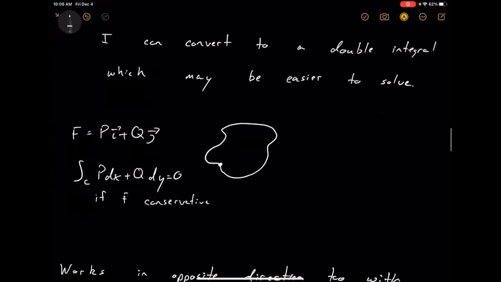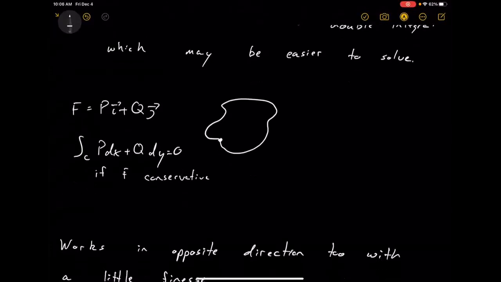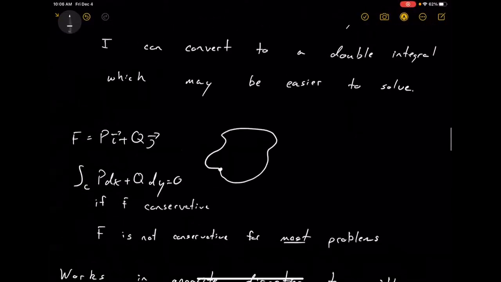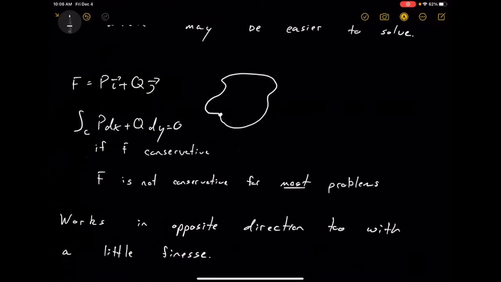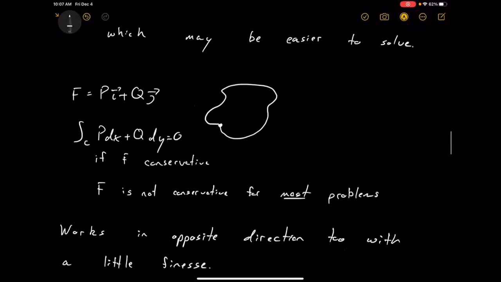So that's not very interesting. It wouldn't be very interesting if we always had 0 there. So for most of these problems, F is not going to be conservative. I say most, because every now and then you'll convert it and get 0, and so maybe you're working with a conservative vector field.